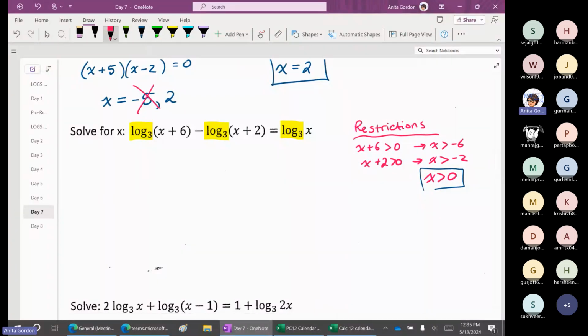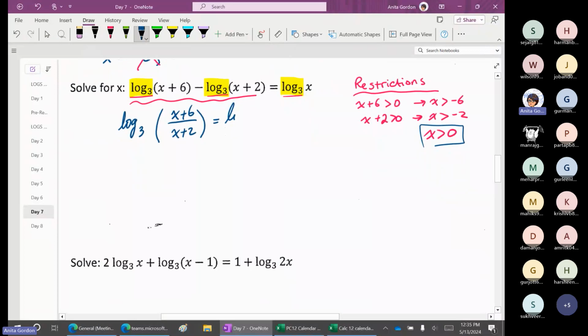Notice that both sides have log base 3. So let's simplify the left side. What rule can I use here? The quotient rule, right? This is going to be log base 3 of x plus 6 over x plus 2 equals log base 3 of x.